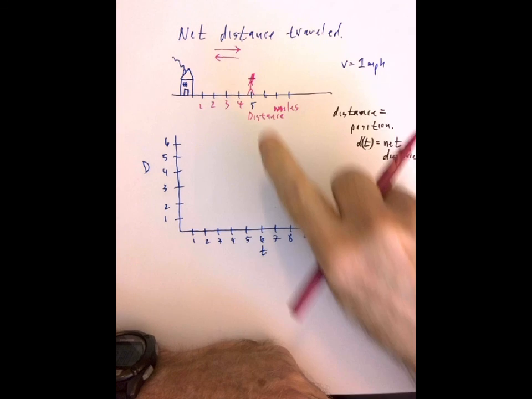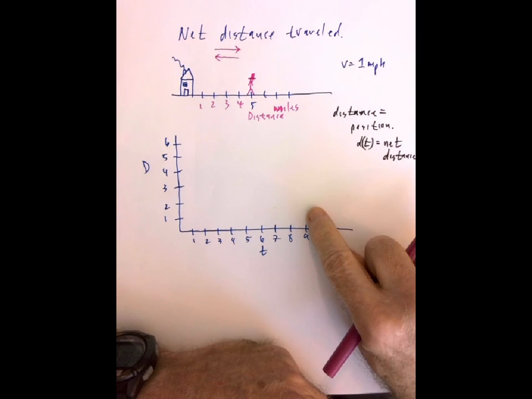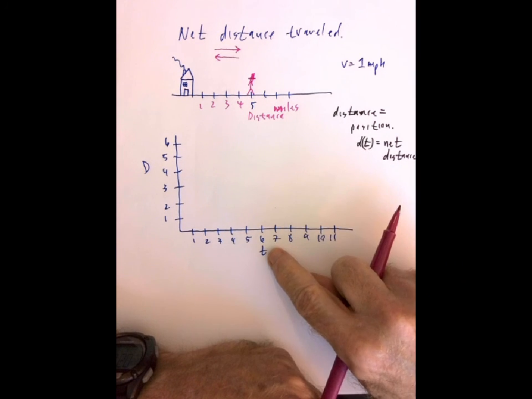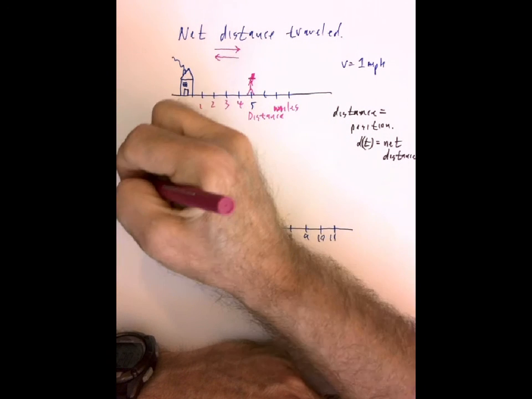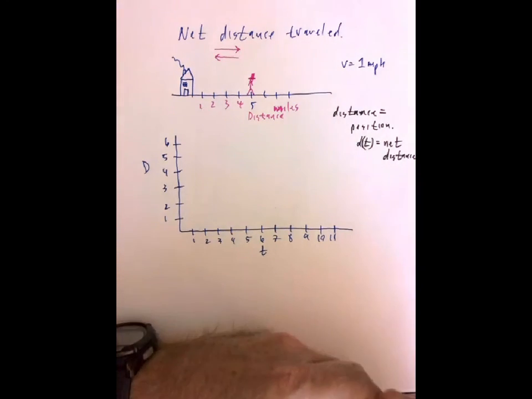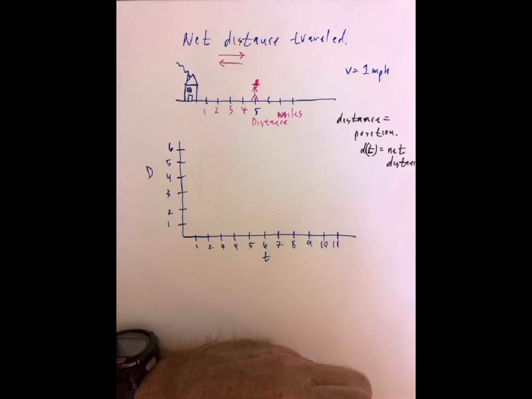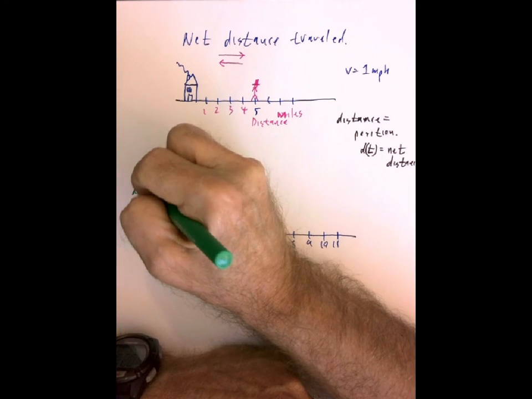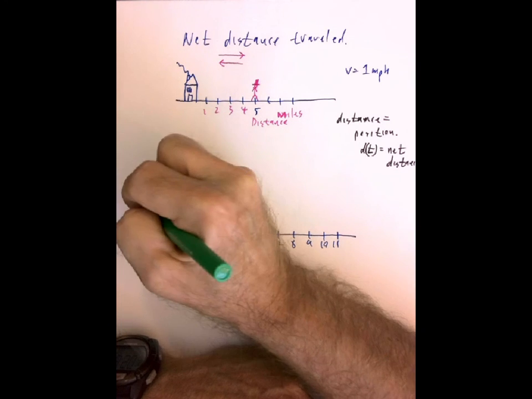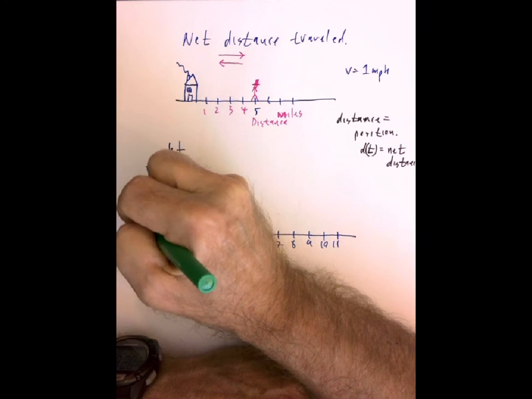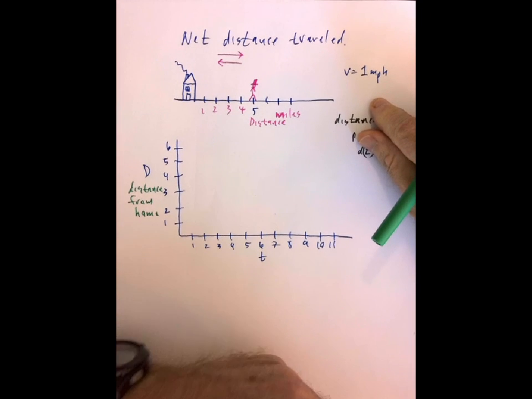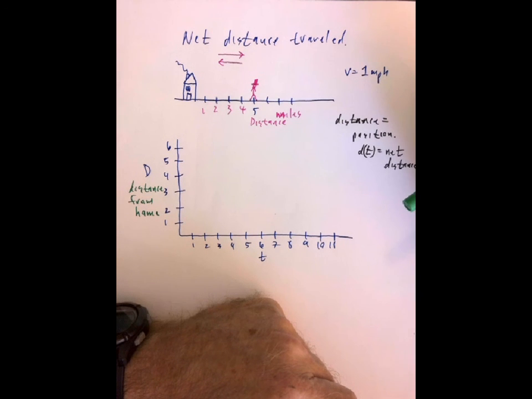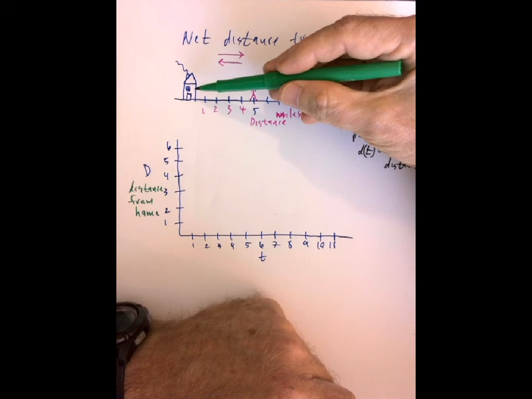So now, what's that going to look like on a distance time graph down here, where we graph time versus d, which is, and let's be clear, John's distance from home. In other words, it's kind of a position, right? Not his total distance walked, but how far he is away from his house.